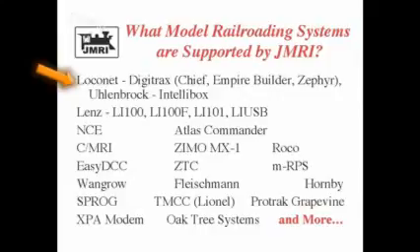We have LocoNet, all the Digitrax stuff, plus the IntelliBox from Uhlenbrock, a bunch of different systems, NCE, CMRI, EasyDCC. I won't go through all of these, but a number of these were just added in the past year, and I ran out of space on the slide here to list them all.